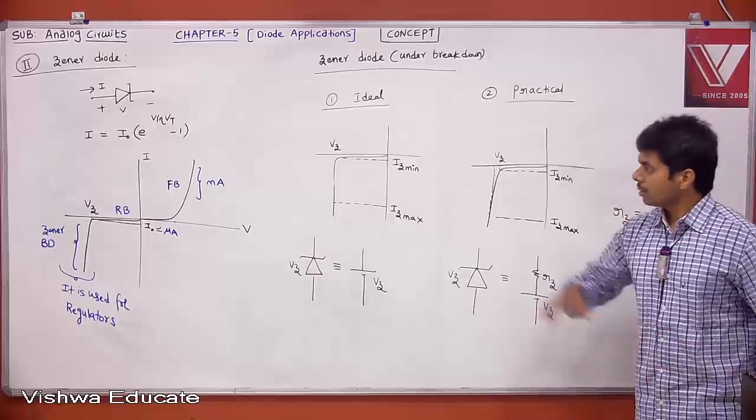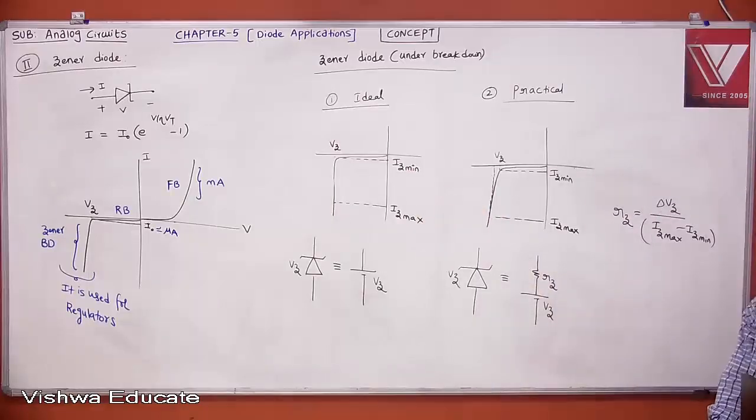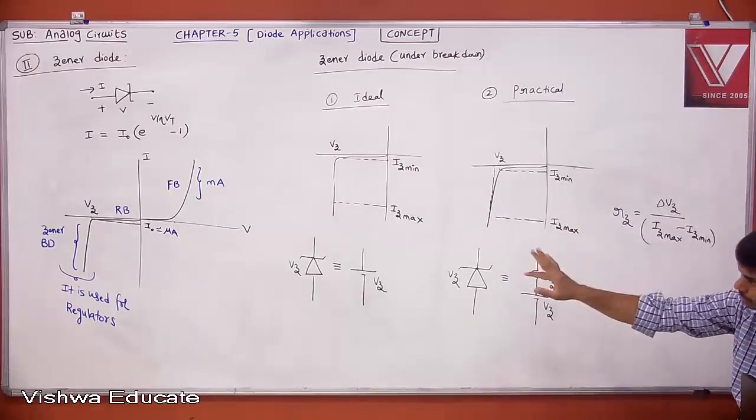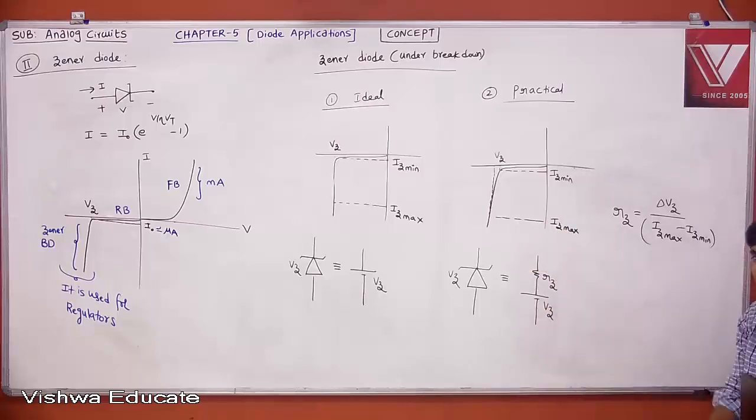If not in breakdown, it is the same as your PN junction diode: forward bias, reverse bias. But breakdown, these two are the cases which we did not see in the case of the PN junction diode.